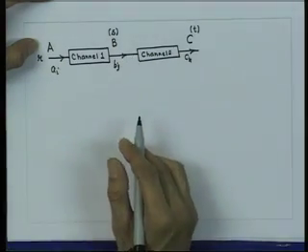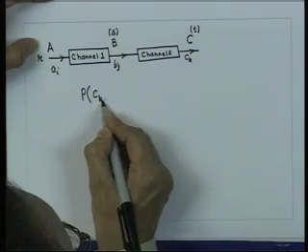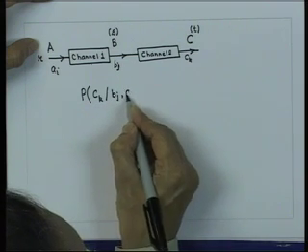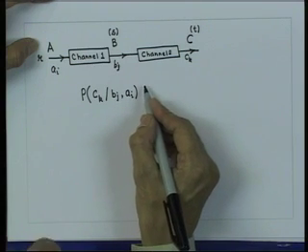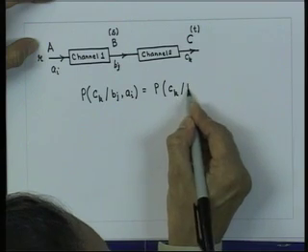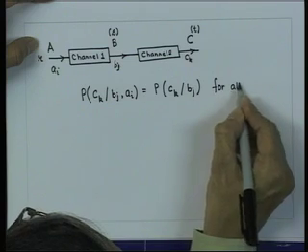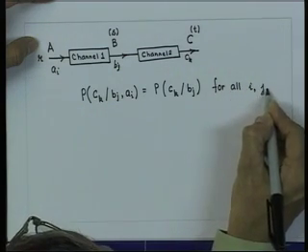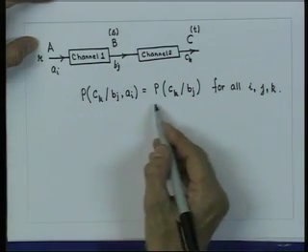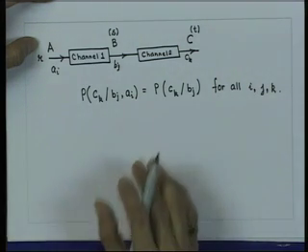So, this property of cascaded channels may be written as probability of C k given B j and A i is equal to probability of C k given B j, for all i, j, k. In fact, this equation may be taken as a definition of what we mean by the cascade of two channels.